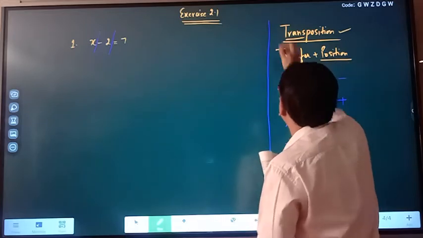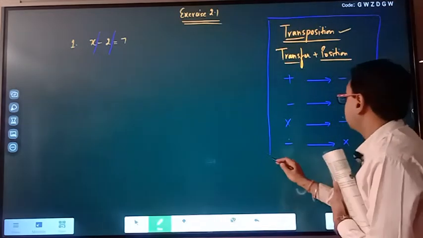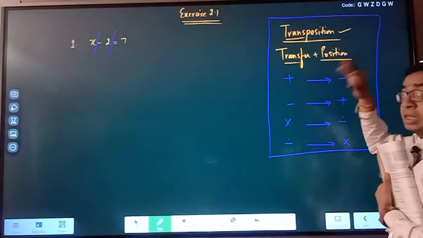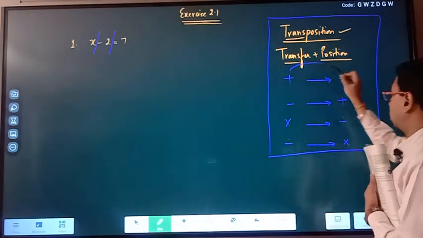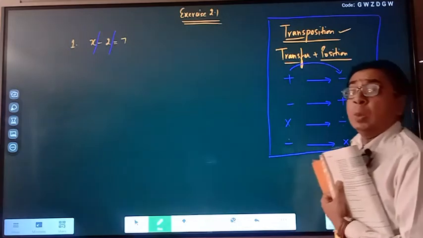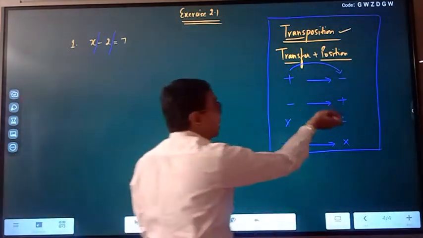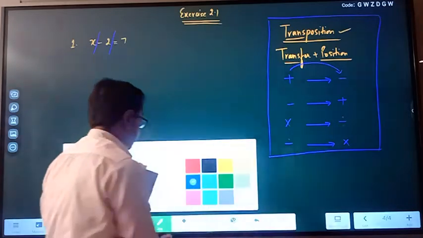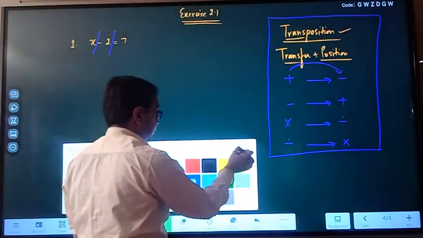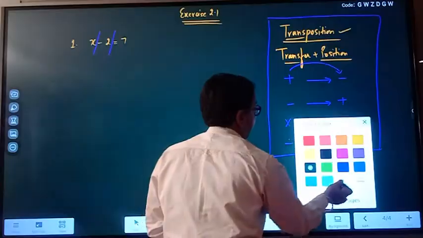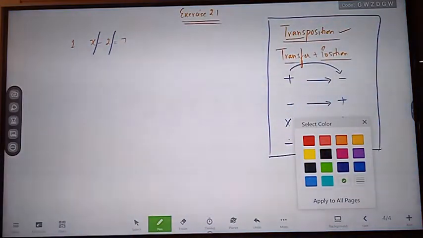This is what happens in the transposition method. So if any term has a plus sign and we bring it from LHS to RHS, that term will take a negative sign. And if the term has a negative sign, it will take a positive sign. Are we clear about this? Just for your review, I'll take the background so that you can understand this very well.